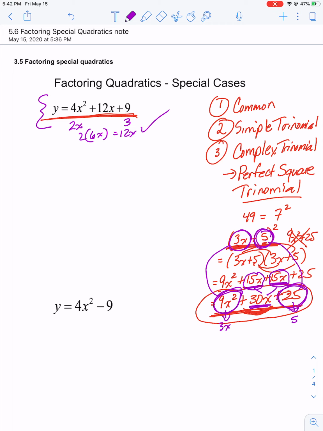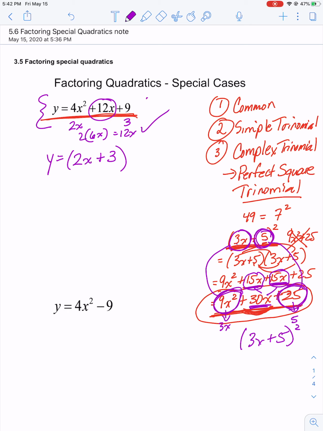Then yes, that is that middle term, which means this definitely is a perfect square trinomial. And what is it the perfect square of? It's the perfect square of 2x plus 3. Just like 9x squared plus 30x plus 25 is the perfect square of 3x plus 5. Okay, that's one way of doing it, but you always have to double check to make sure that that is a perfect square trinomial. Your other option is to go back.